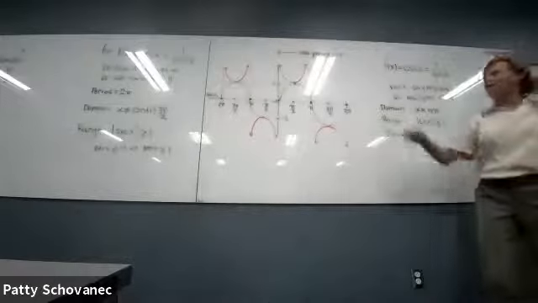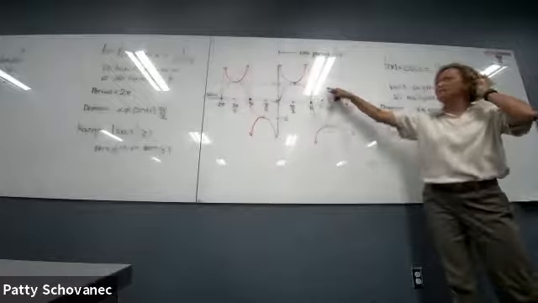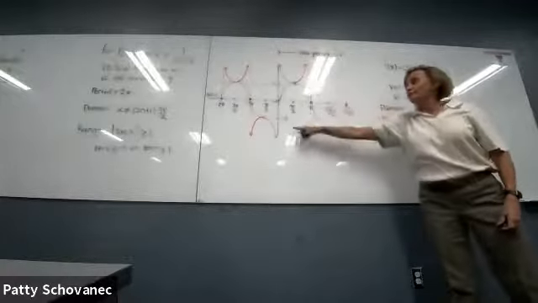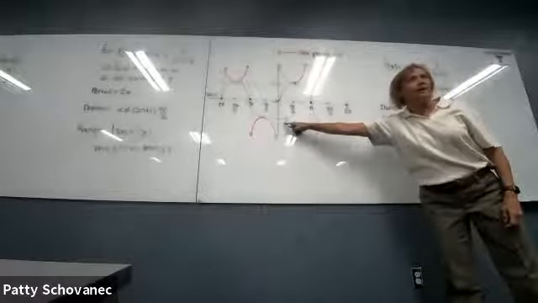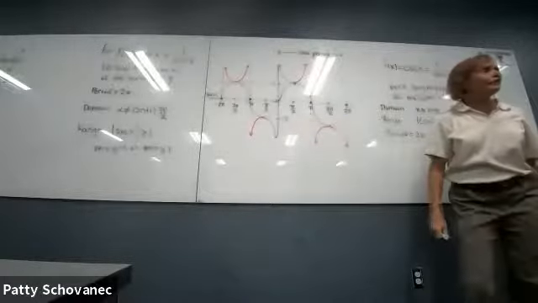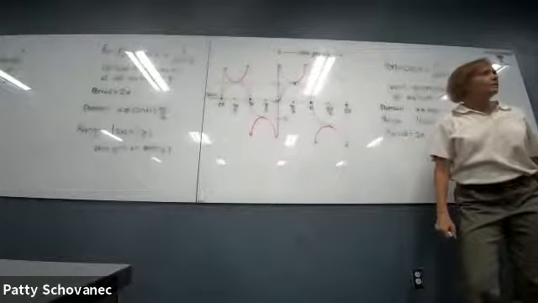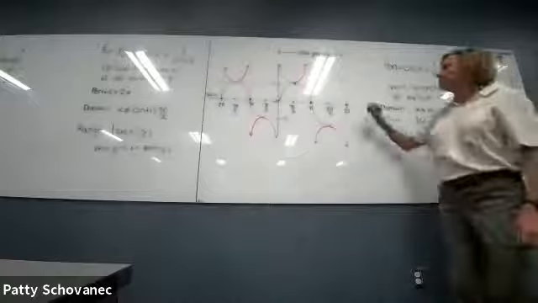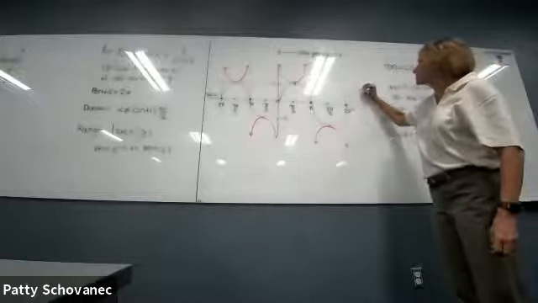What have I done to the graph if I erase that axis and move it up to here? Shift it up and down. I shifted this graph down 1, didn't I? What would the equation of that shifted graph be? It would be the cosecant of x minus 1.